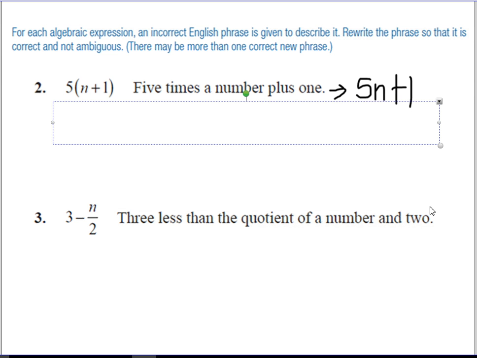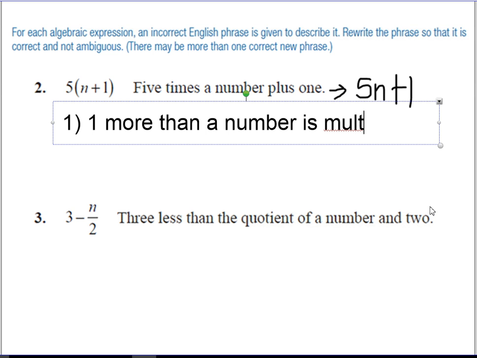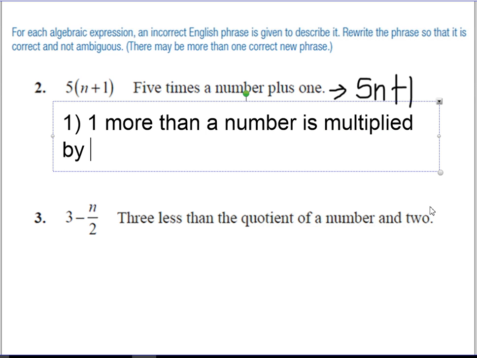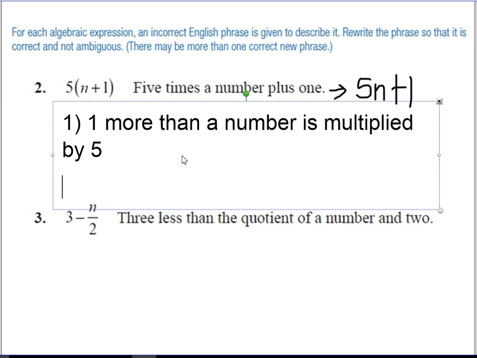And so there's one way we could write it that says possibly 1 more than a number is multiplied by 5. So that clearly states that we're adding first and then multiplying by 5.